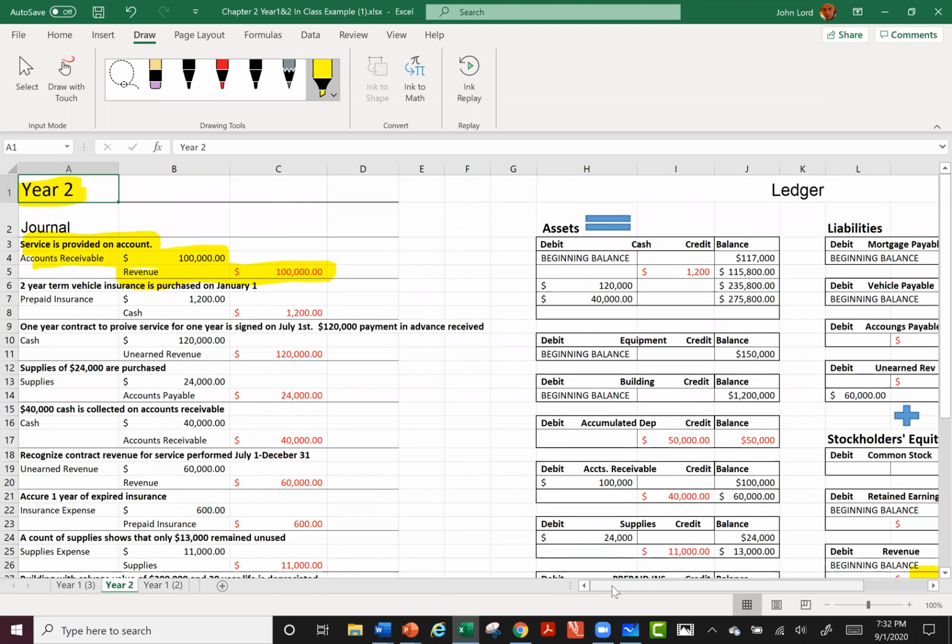We can't debit cash yet, but we can debit the asset account receivable because that will be cash at some point, and so it has future economic benefit. It's an asset, debit on the left, credit on the right, post to the journal, from the journal, post to the ledger. We post to accounts receivable, we got 100,000.